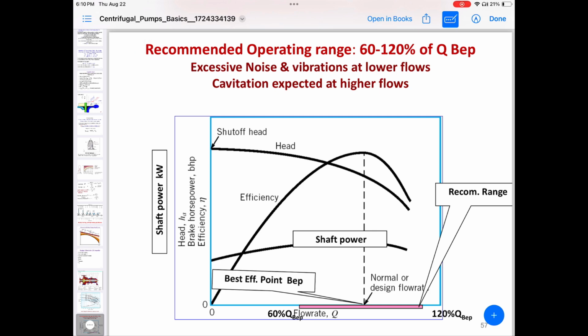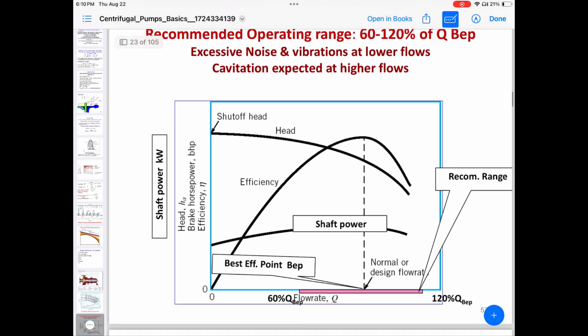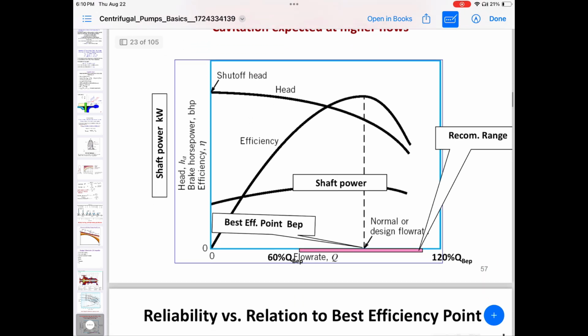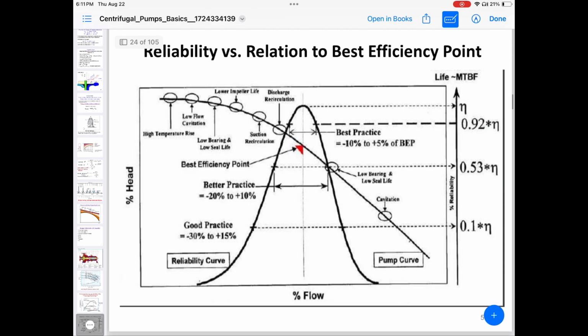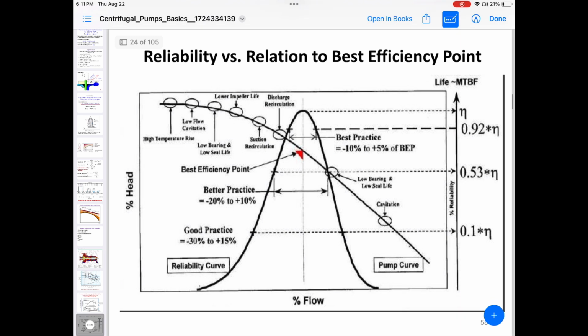The shaft power in watts depends on the design capacity of the pump. Reliability relates to the efficiency point.